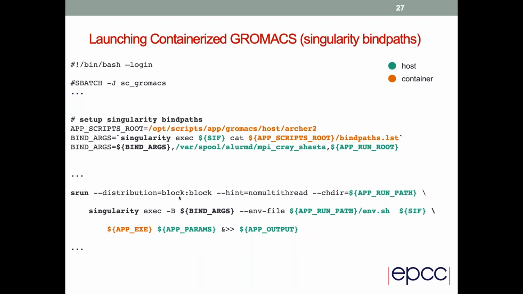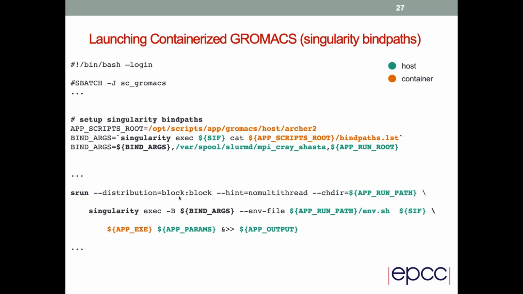There are a few steps before I run srun that need to be done when you're trying to run a containerized application. And so I talked about the bind paths. I need to set those up, and actually I need to run the Singularity image such that it will run a particular command that will output the bind paths that are stored within the container, but they're stored against a particular HPC platform, in this case Archer 2, and this is the bindpaths.list file.